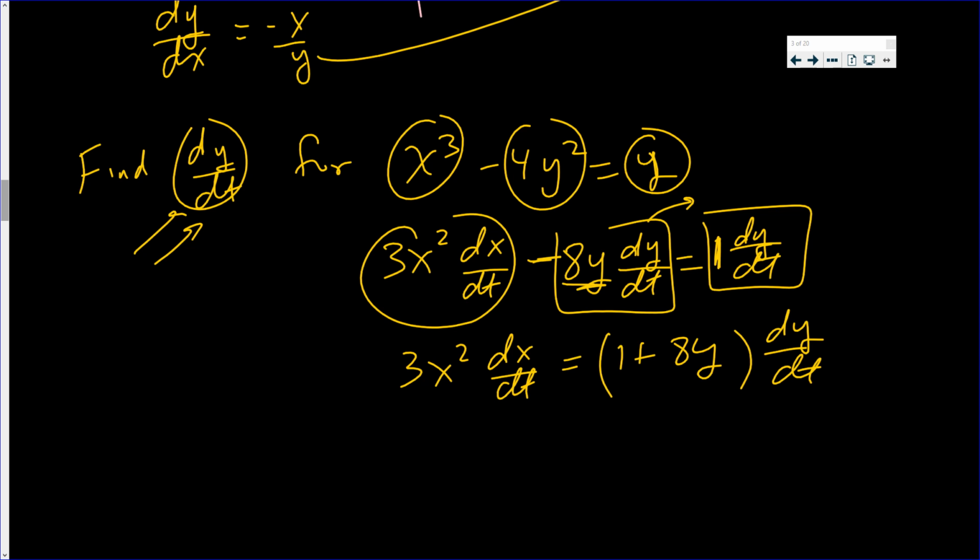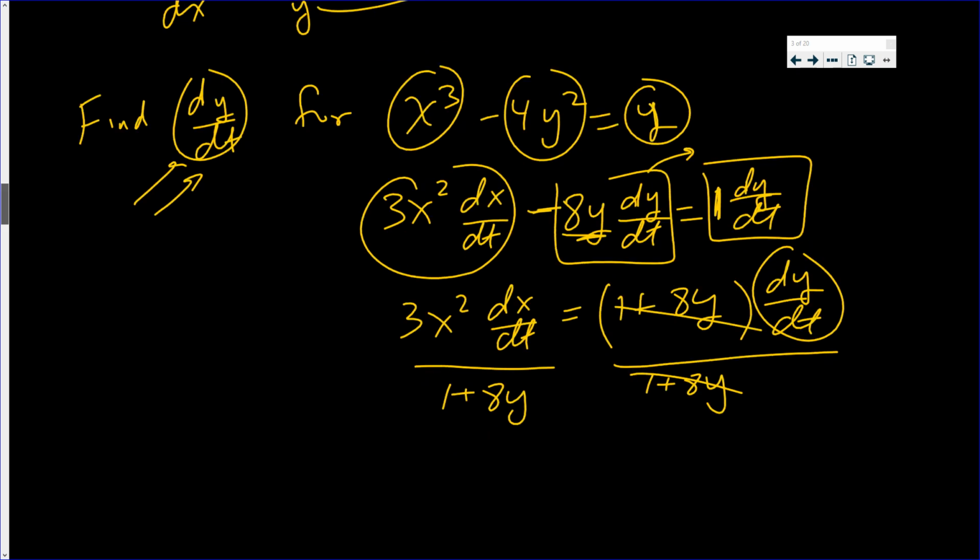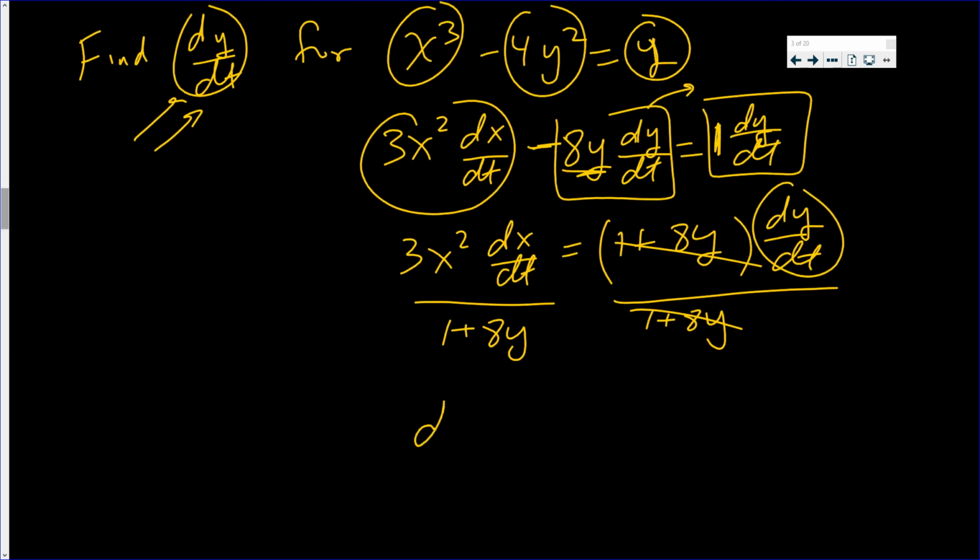Okay, so now we're done. We divide both sides by 1 plus 8y, and we have dy dt. Dy dt is equal to 3x squared over 1 plus 8y, and we'll just say times dx dt.